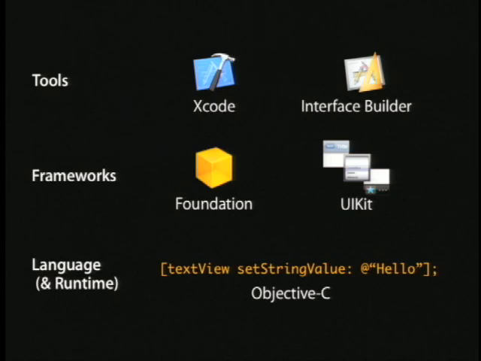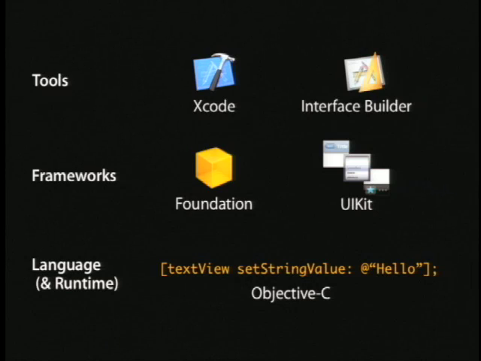So the way you develop for this environment is with the Xcode and Interface Builder tools. There's another tool which we may get into on Friday lectures, which are the instruments, which are for profiling and performance and memory profiling. The frameworks we're going to use primarily in this class are Foundation and UIKit.